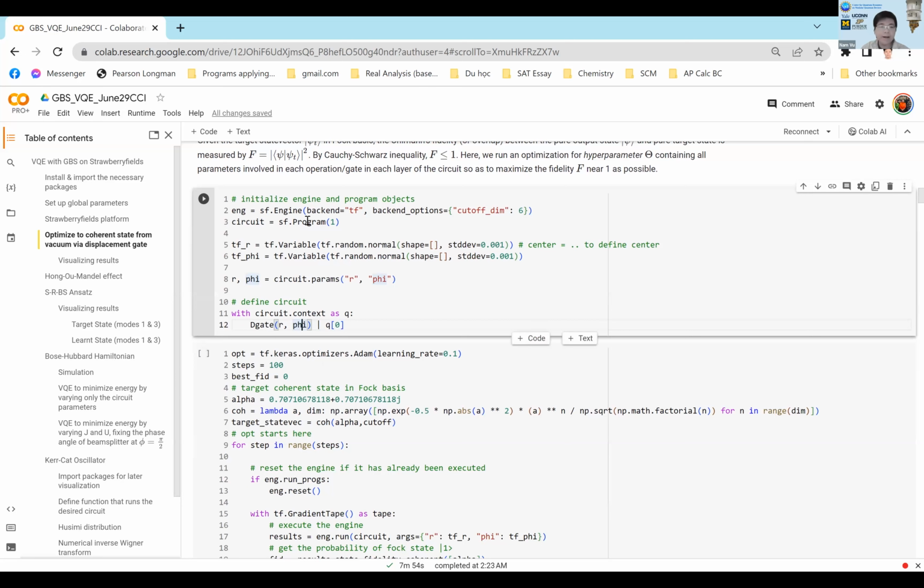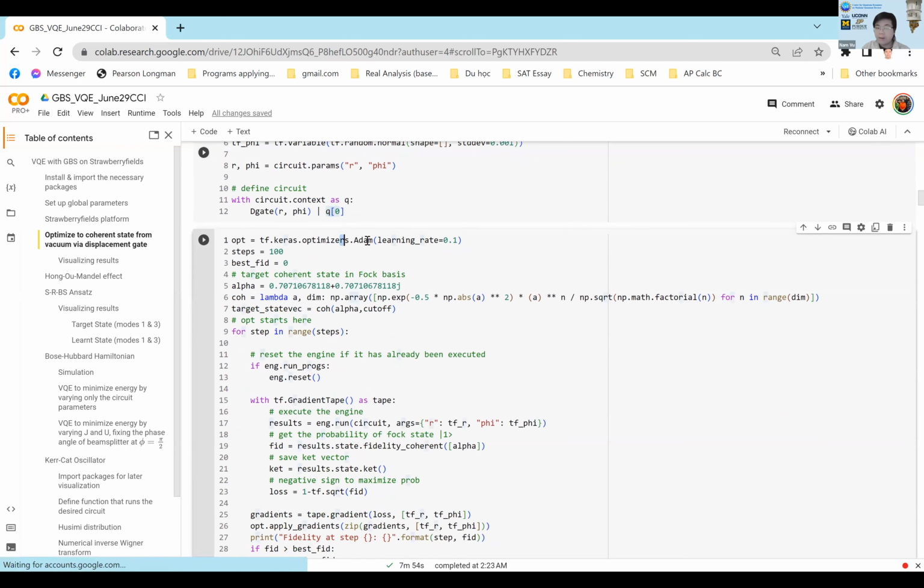So here we declare that we only need one program, and the engine backend is TensorFlow. Again, TensorFlow is important for optimization. Then I define a circuit with the parameters for the displacement gate, acting on the first mode. And then I use an Adam optimizer with a slow learning rate.